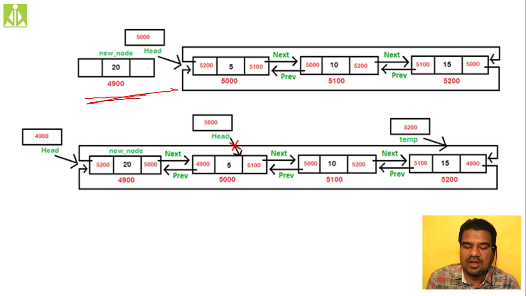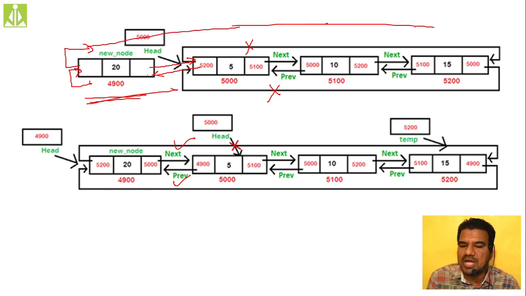So after adding, how do you make the corrections? Here we are establishing two new connections, as you can see, previous and next. Then we are removing this and this, and adding connections from here to the end, and from the end to here. This keeps going and points to the last node.